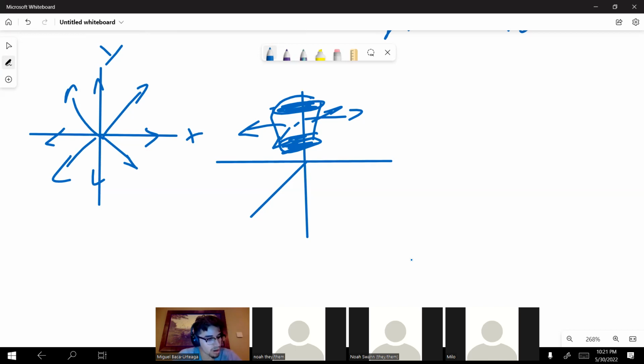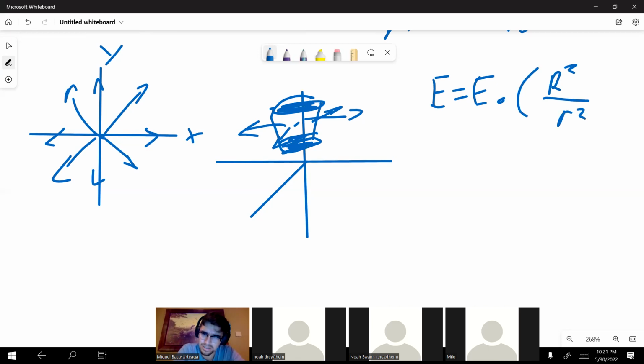For the cylindrical wall, the electric field is perpendicular to the surface at every point and has a constant magnitude. E equals E naught times R squared over R squared naught at every point of the surface.